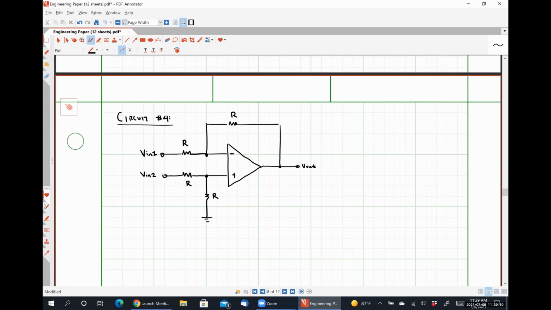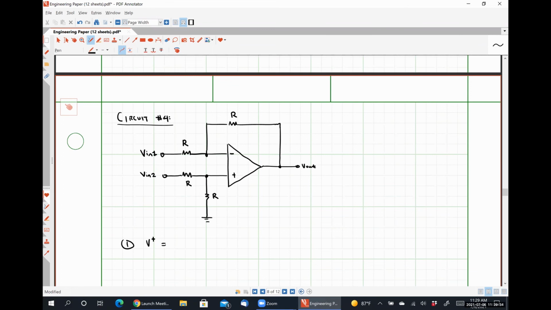All right. So I want to point out here that all 4 of these resistors have the exact same value. That's why they're all designated with simply the letter R. So who can tell me what V plus is? It should just be Vn2.